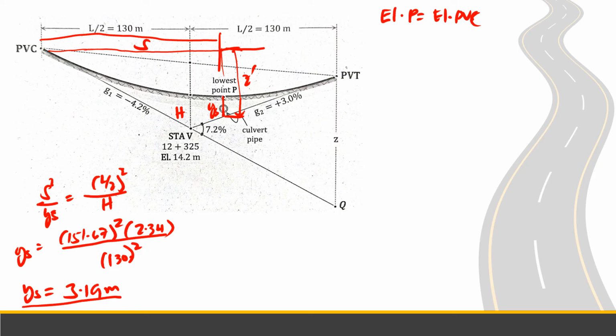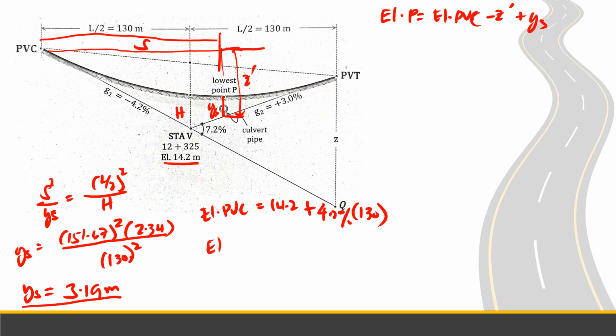We start at this elevation, 14.2 meters, plus the vertical curve distance at L over 2: 4.2% of 130.